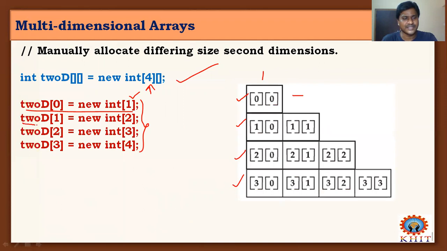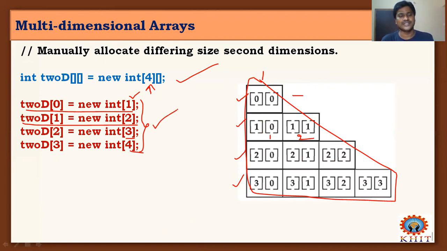And for the second 1D array of this 2D array, it is specified as one column and second column, and here it is 3 and 4 like this. So we will get a diagonal representation of the matrix, a triangle. This way you can individually assign the second dimension for two-dimensional arrays.